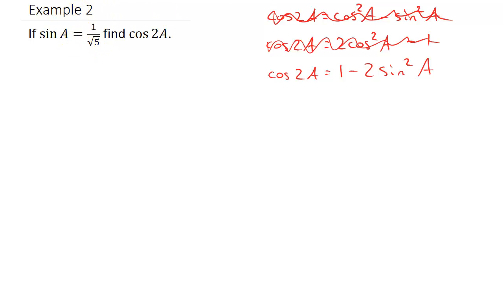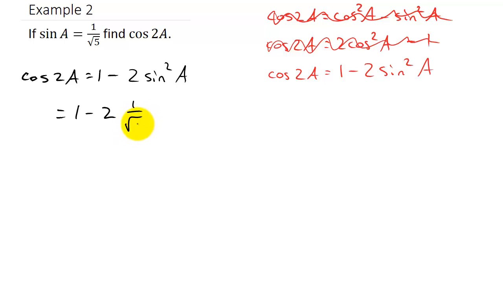Alright, so we have cosine 2a is 1 minus 2 sine squared a. So this is equal to 1 minus 2 times, now in the place of sine we're putting 1 over square root of 5.